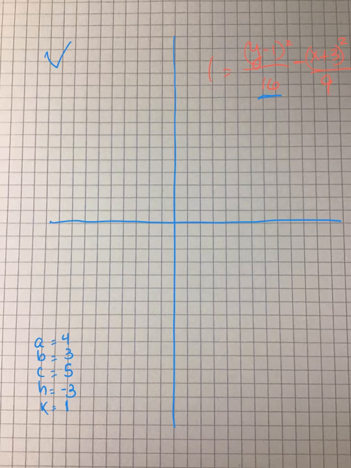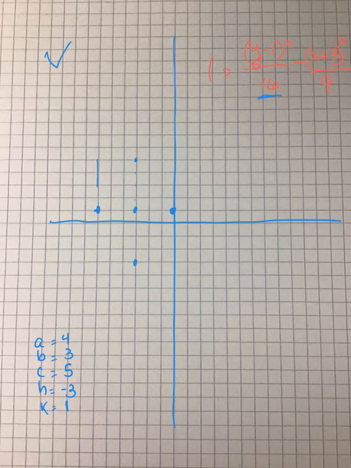So this one is pretty easy. When we graph the H, it's negative 3, 1, which is right here. We go up 4 because it's vertical. So you go up and down the A, up 4 and down 4, and then over 3 and left 3.